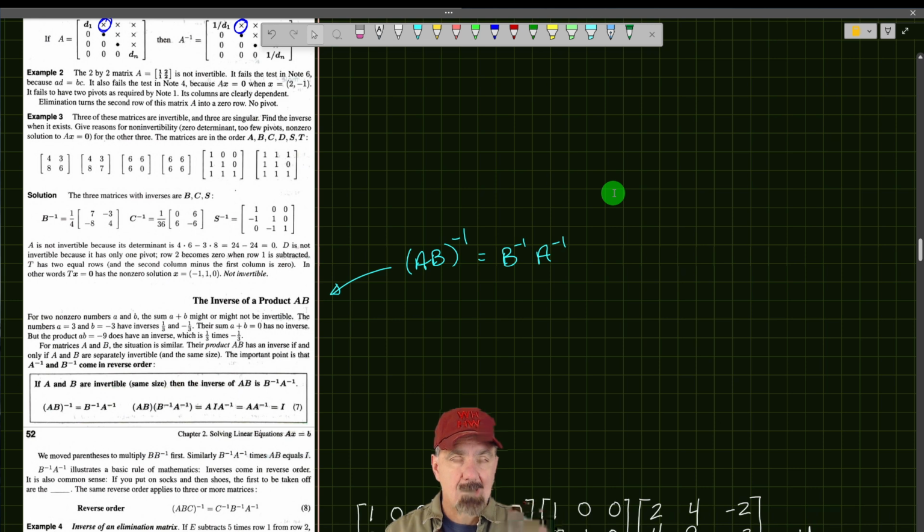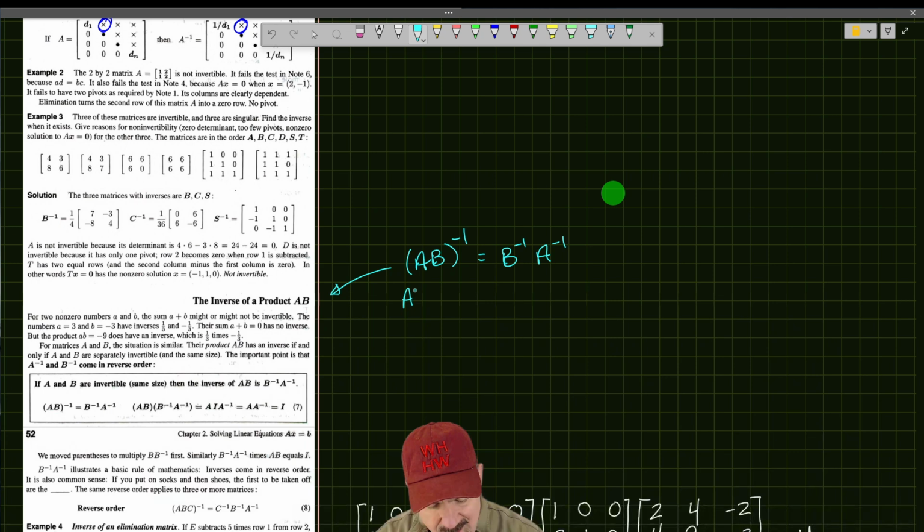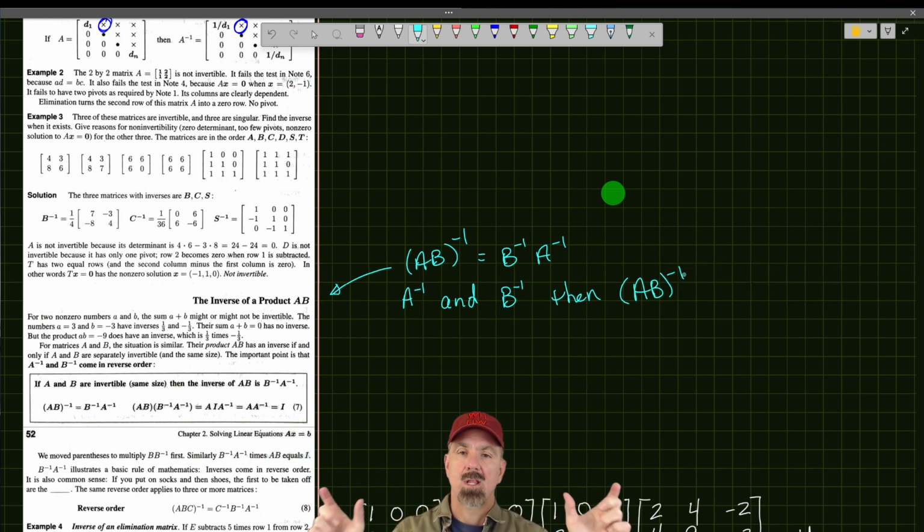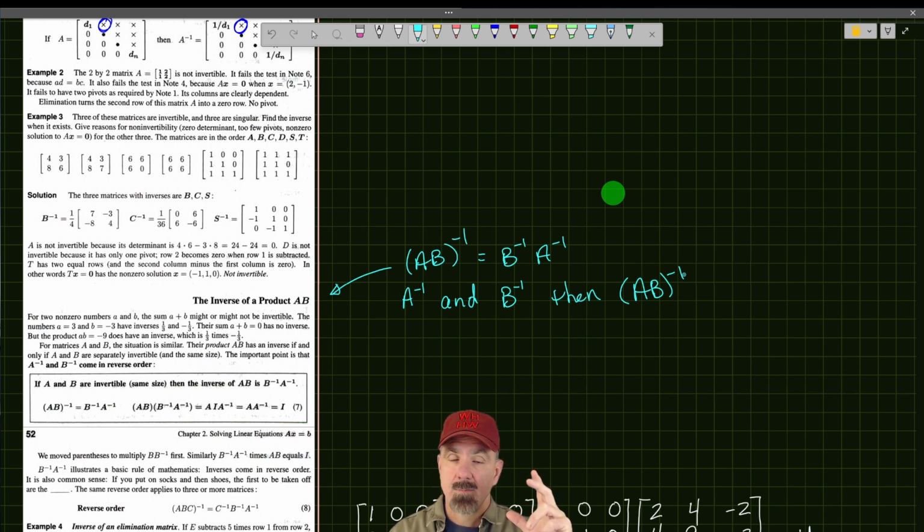A subtle item that is not provided a lot of attention here is the fact that, hey, if A inverse exists and B inverse exists, then AB inverse exists. So if I have two matrices that are invertible, their product is automatically invertible. Right? That's an important thing to think of also with the decompositions.